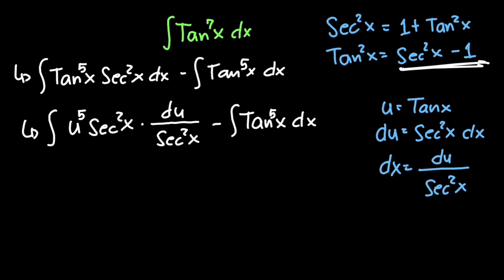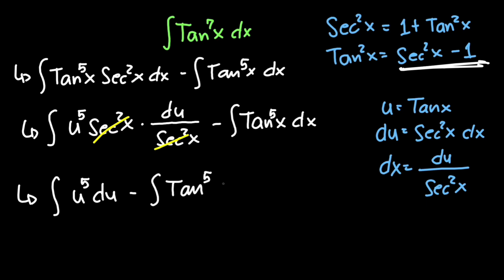And so the secant squared here would cancel each other out. You are left with the integral of u to the power of 5 du minus the integral of tangent to the power of 5 of x dx.